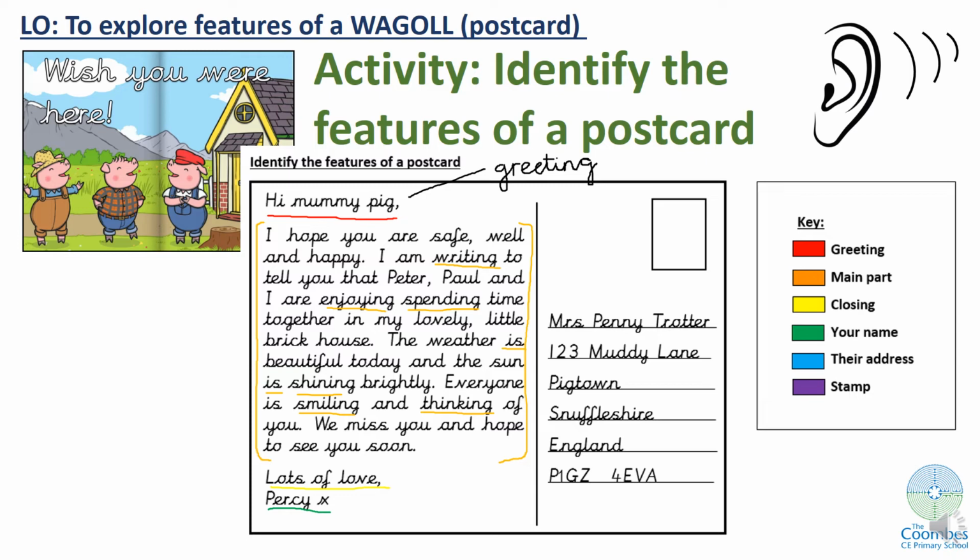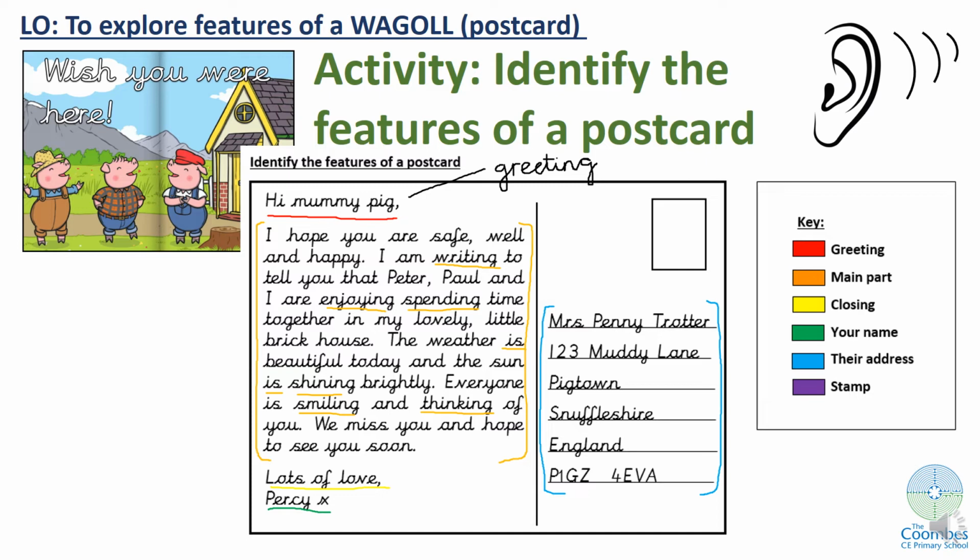Next, we need the blue for their address. Well done if you've spotted it. So their address is this bit here. And their address is the name. So it starts with their name, Mrs. Penny Trotter.